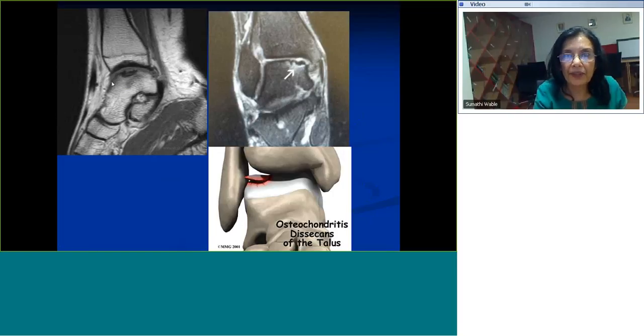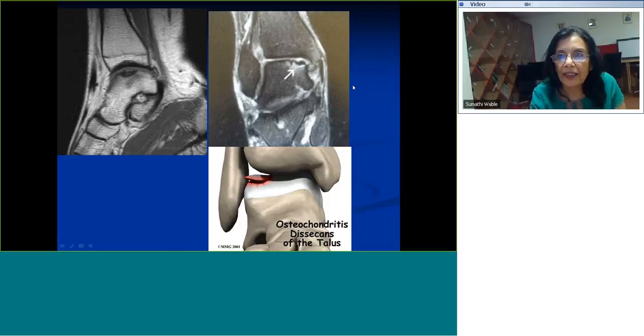And in terms of MRI evaluation for osteochondral lesions, you can also do intraarticular injections in order to see if the osteochondral lesion is loose or detached or partially detached.